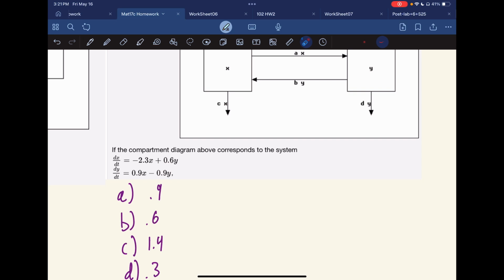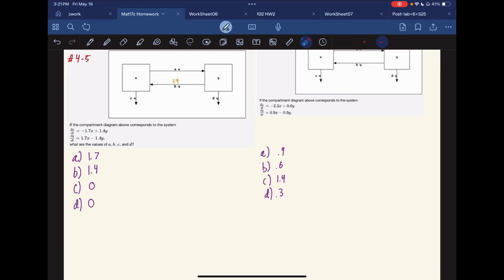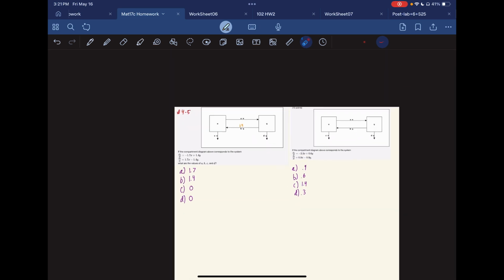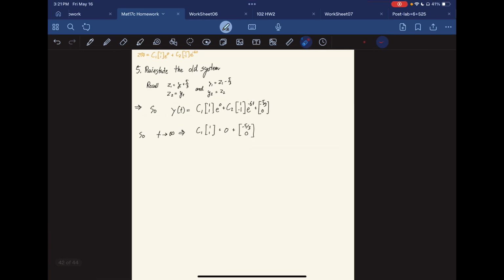So that means 0.6 in combination with something equals 0.9, and that value is 0.3. So we know d has to have a value of 0.3. Like I said, it's kind of a puzzle. It doesn't involve a lot of math. Just kind of give it a shot and get a feel for it, and it becomes quite intuitive. So that's problems 1 through 5. I will cover 7 through 10 next.